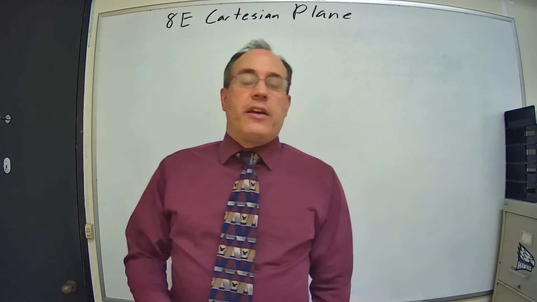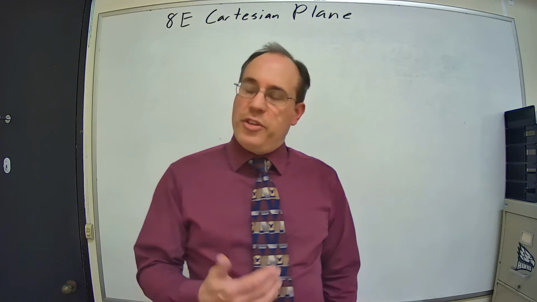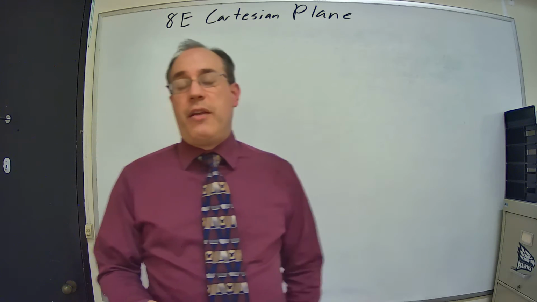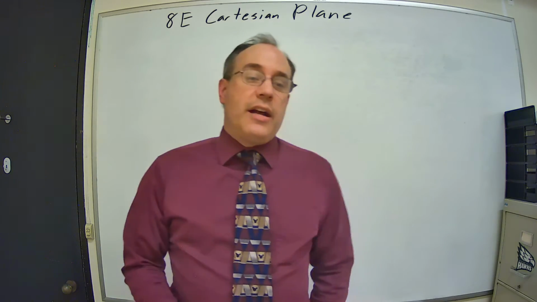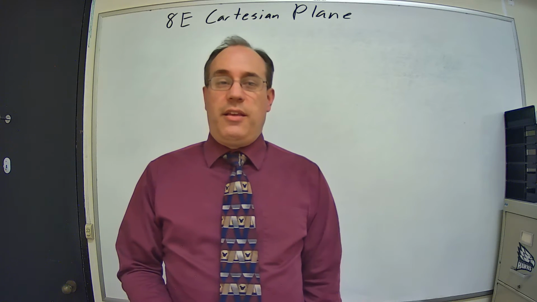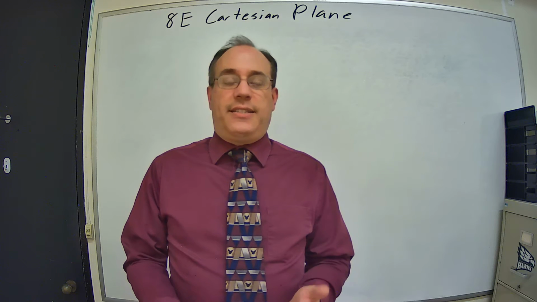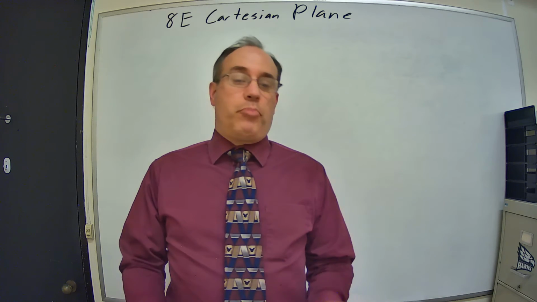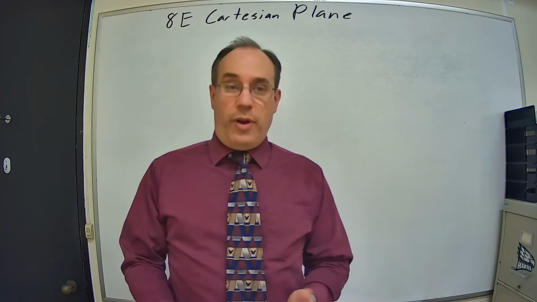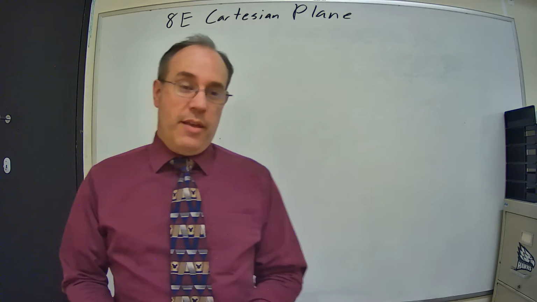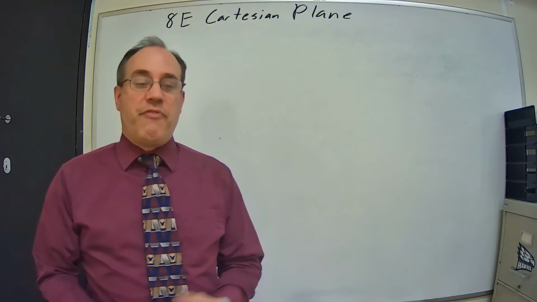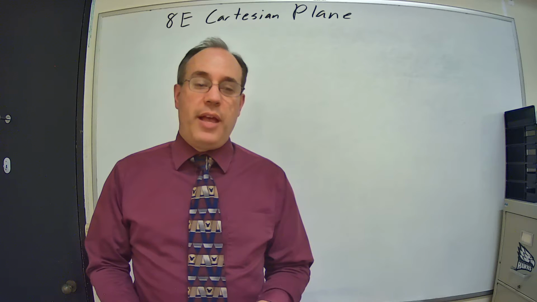Cartesian plane. Now, this may sound a little different to you. You may not have ever heard the term before. A Cartesian plane is the regular XY axes that you've seen for plotting points, plotting lines, or whatever the case may be. So, the fancy name for it is Cartesian plane.